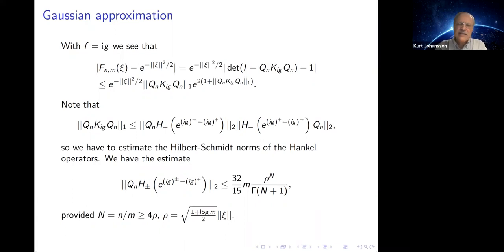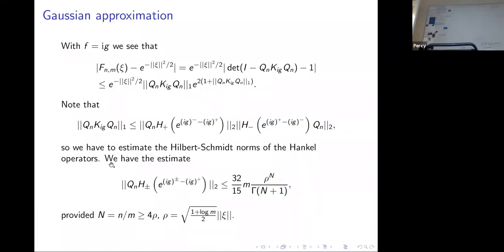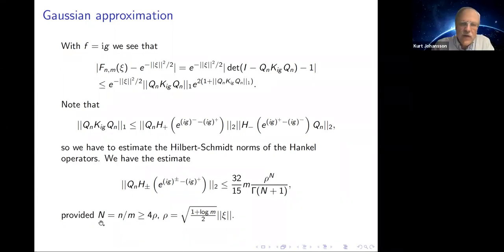Because when psi is really large, you start to get these oscillations, and there is no reason for this norm to be small anymore, right? So there is this rho, which is more or less the norm of psi, that should be less than n over m, or this capital N. Up to that bound, you have a control for those psi.